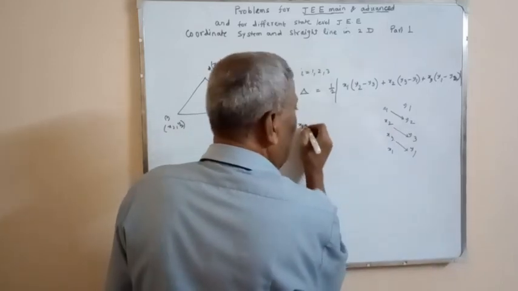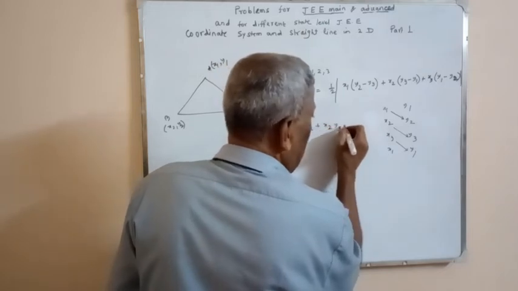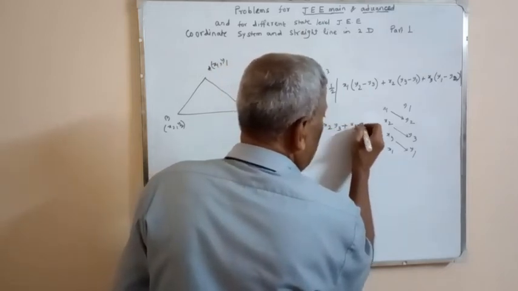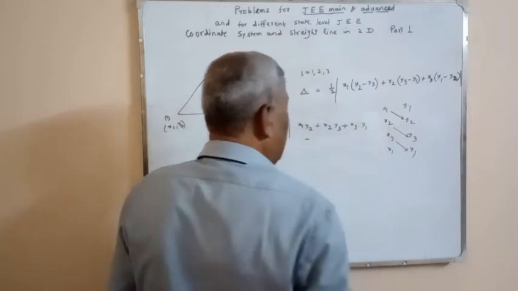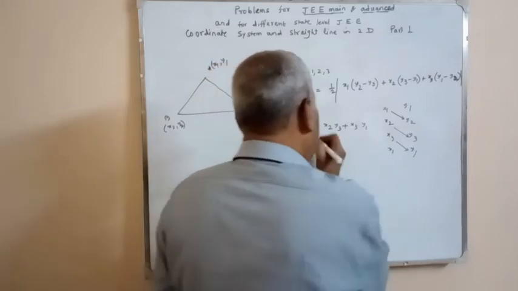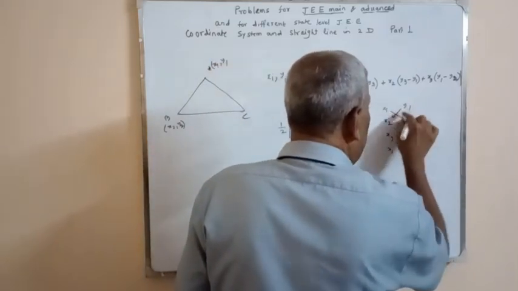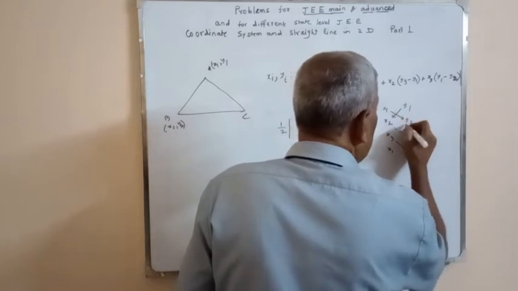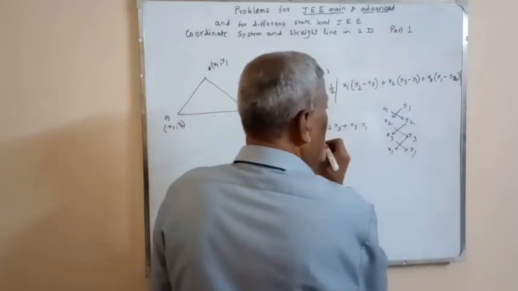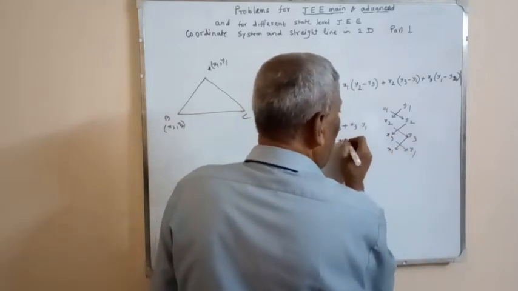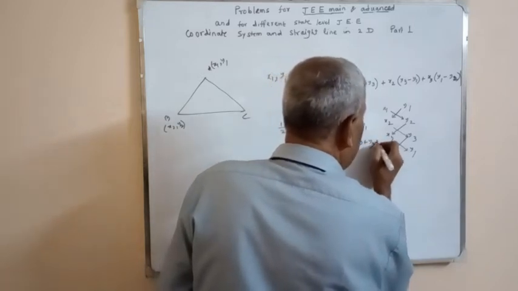That is x1 y2 plus x2 y3 plus x3 y1. Then put a negative sign, and take these products: y1 x2 plus y2 x3 plus y3 x1.